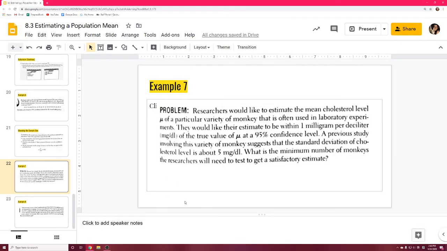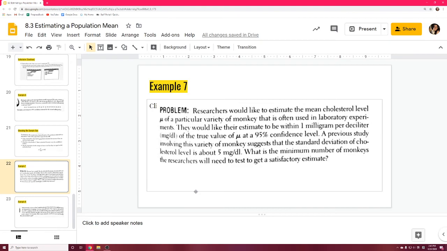So quickly read example 7. Researchers would like to estimate the mean cholesterol level mu of a particular variety of monkeys that is often used in laboratory experiments. They would like their estimate to be within 1 milligram per deciliter of the true value of mu at a 95 percent confidence level.